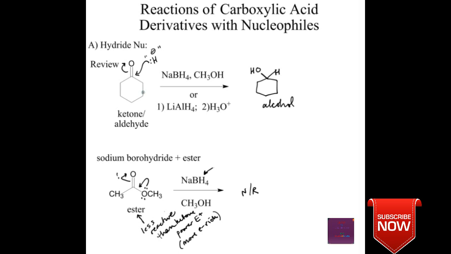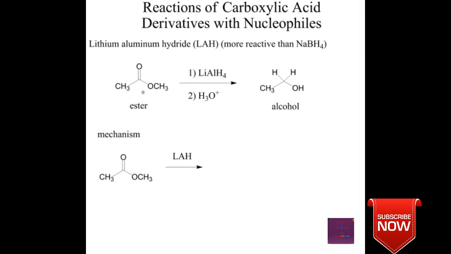Okay, so here's one difference we can see between an ester and a ketone: a reaction with something like sodium borohydride. If we try lithium aluminum hydride, however, that's more reactive, and so it will, in fact, react with an ester. It will react with an acid. It will react with every carboxylic acid derivative you throw at it. It will react with nearly every functional group that you throw at it. Okay, LAH is a great reducing agent.